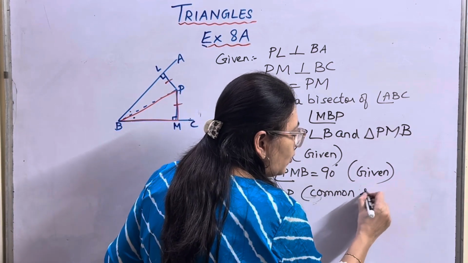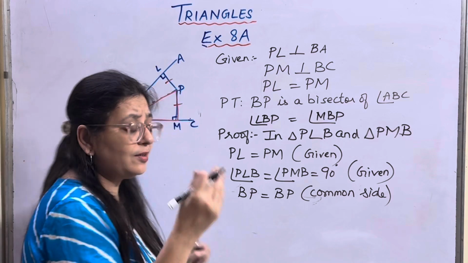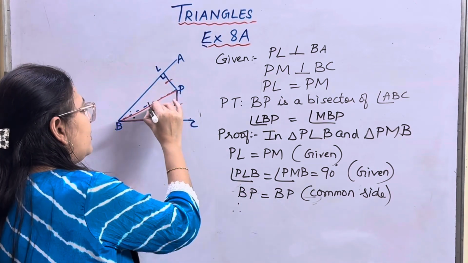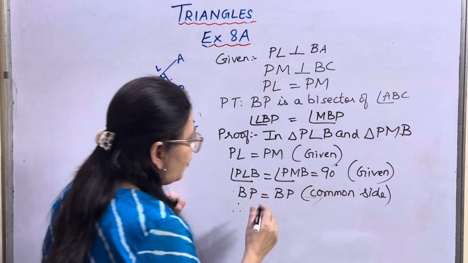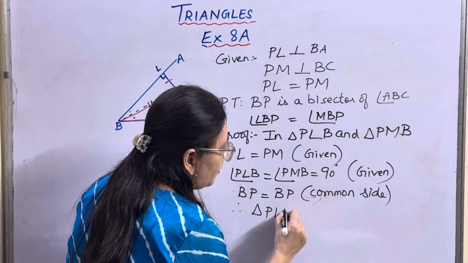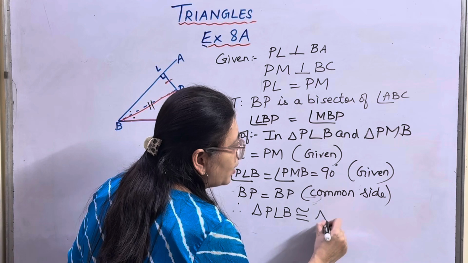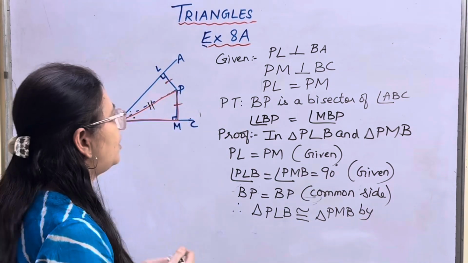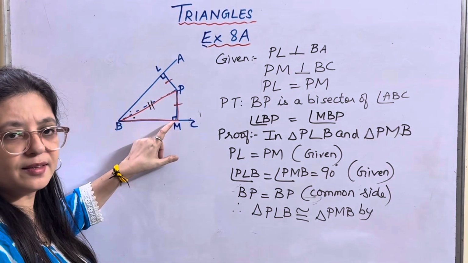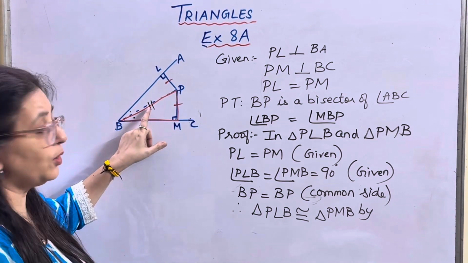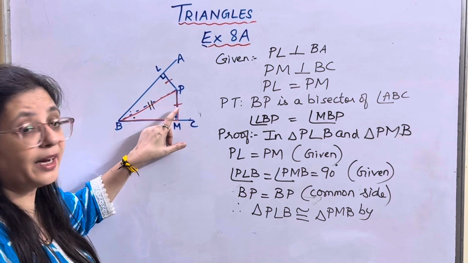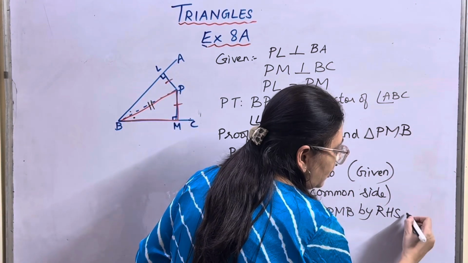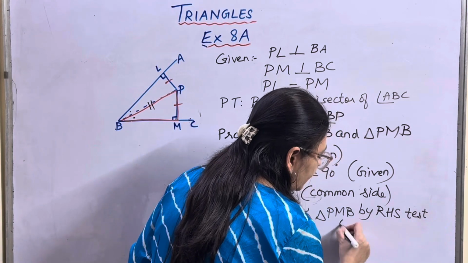How we have a common wall in our villages? Here it is a common side. Therefore, triangle PLB is congruent to triangle PMB by which test? Think and tell me. Right angle is there. Hypotenuse? Yes. And any one side? Yes. So by RHS test of congruency.